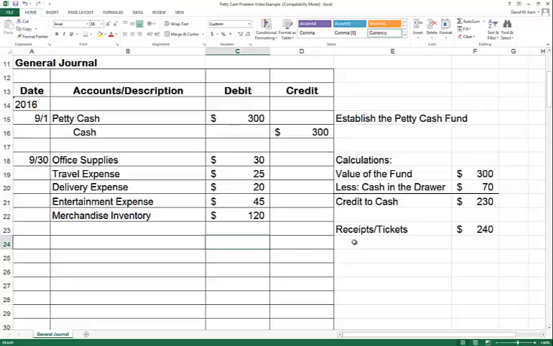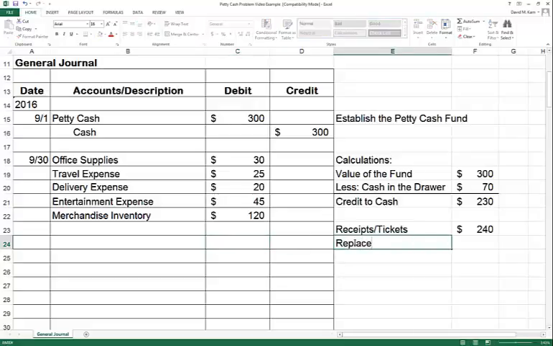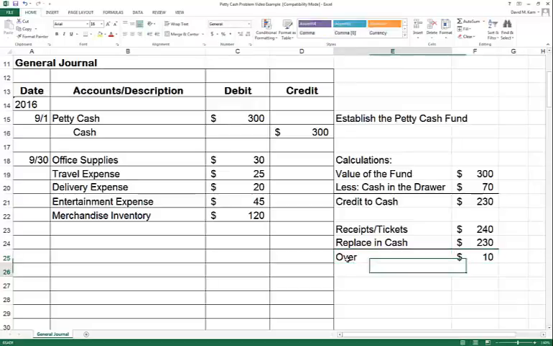Now we really have to only replace in cash $230. So notice that we are actually having to replace less than we thought we spent. In this case, we are over by $10. Okay, so here's how we have to deal with that.